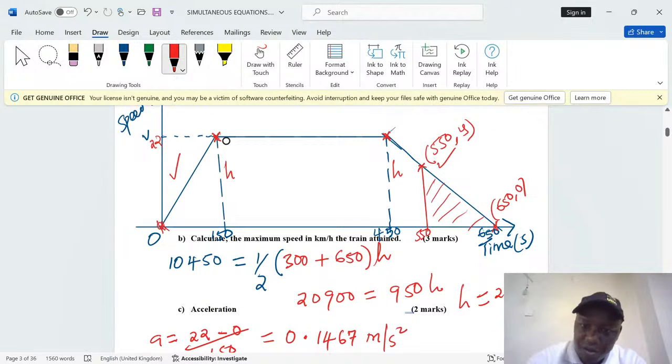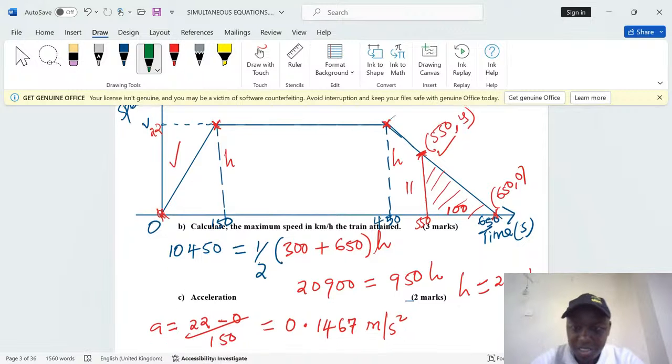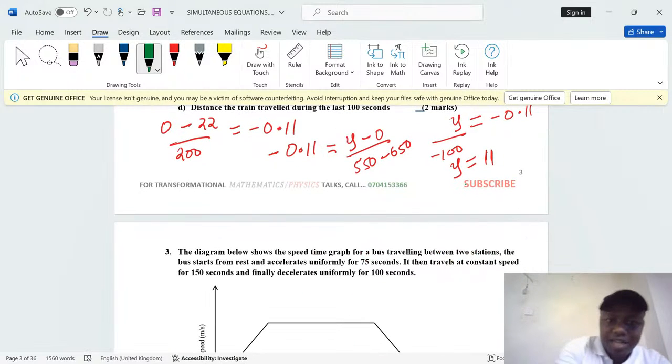Therefore, now we can say, because the velocity at this point is 11, it means the height here is 11. So with a height of 11 and the length here being 100, we can get the distance within that part. The distance will be the area, and we need area to be given by half, because the shape there is a triangle, times a base of 100 times 11.